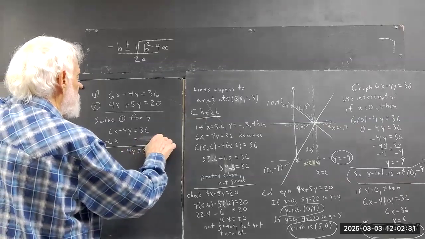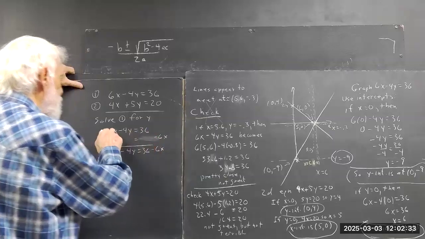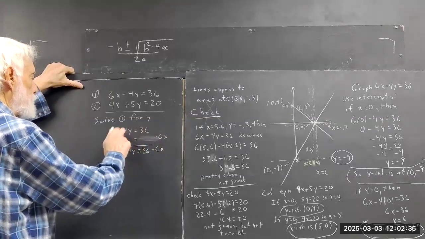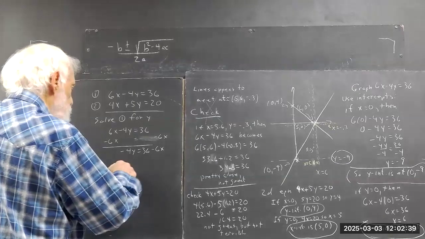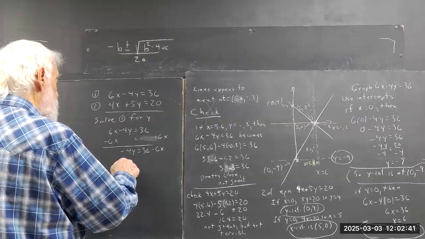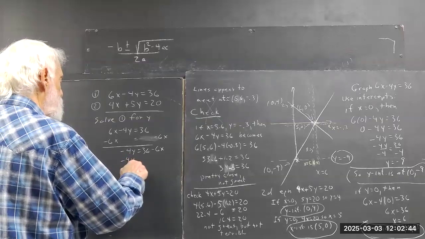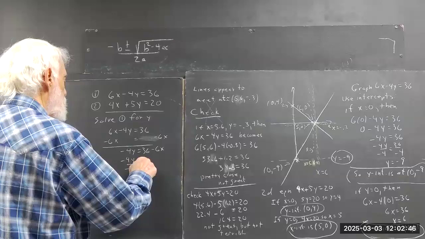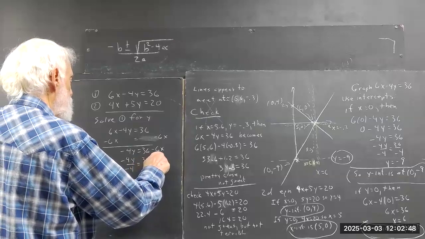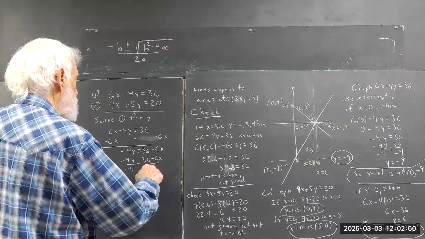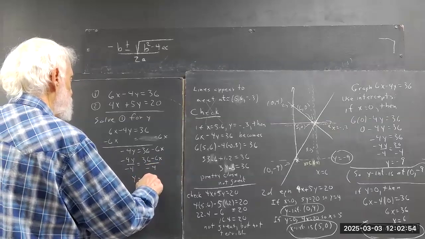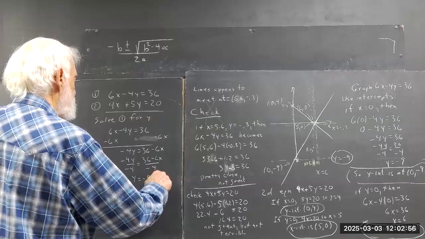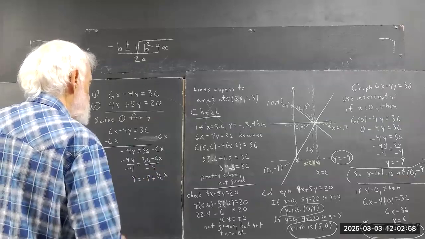Probably should have put the minus 6x out here, so I'm lining up x's with x's and numbers with numbers. Well then all I have to do is divide by negative 4, and I get y equals negative 9 plus 3/2 x.